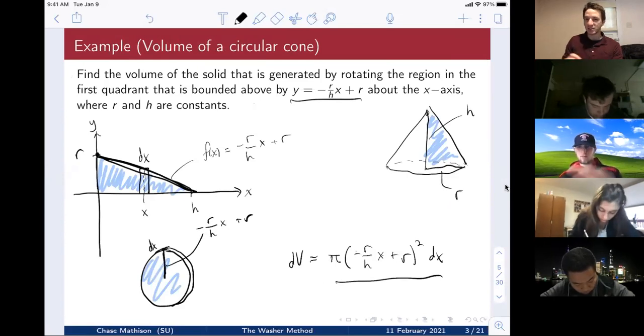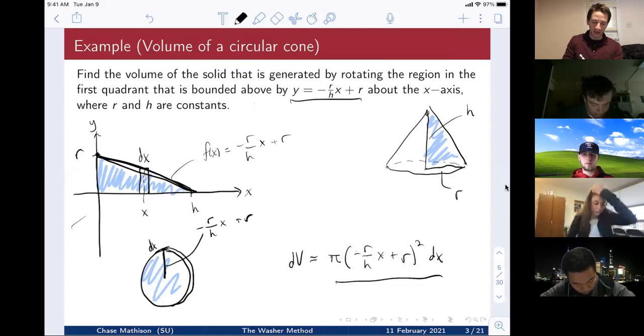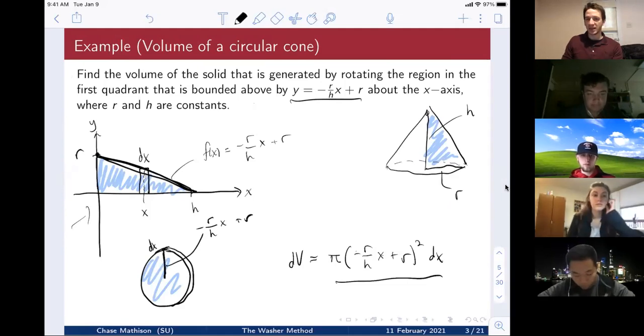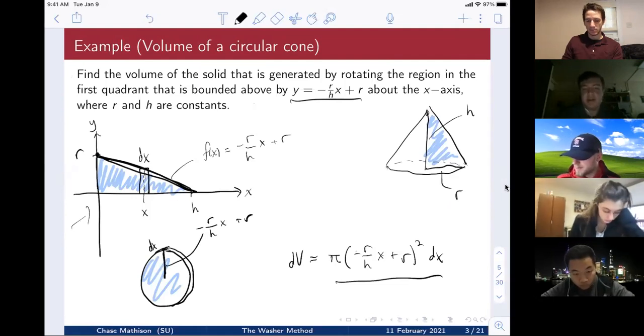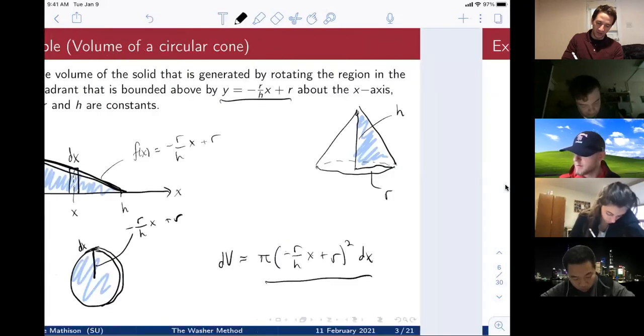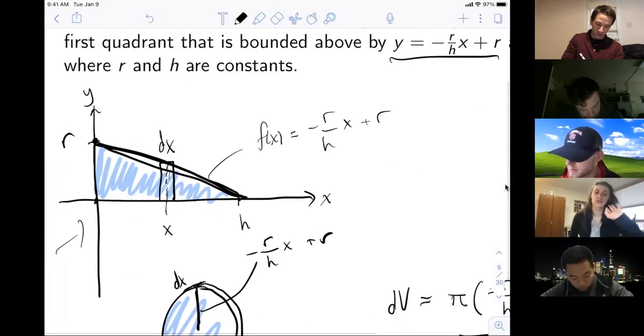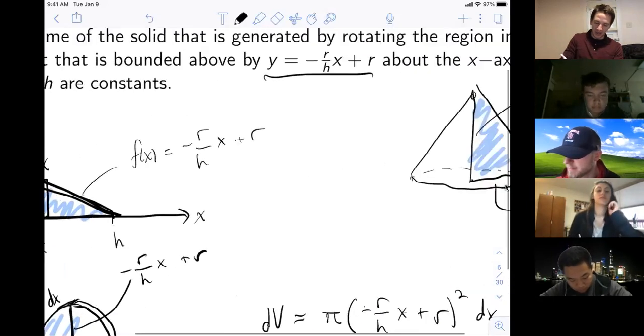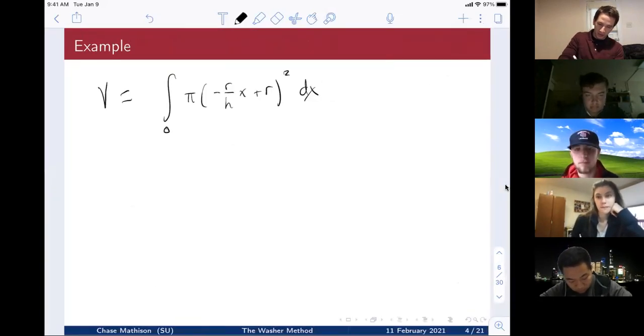So what could x range between? Looking at this drawing, what are the possible values that x could be between? 0 and h, perfect. x starts off at 0, that's when we're here, and then it could be anything between there and h. So 0 and h. Very good.